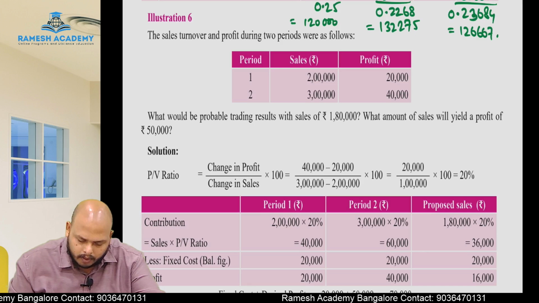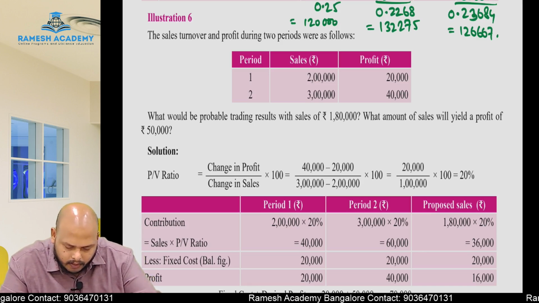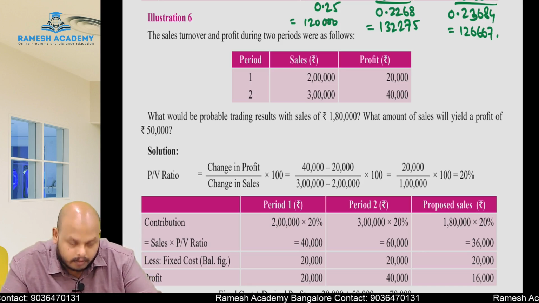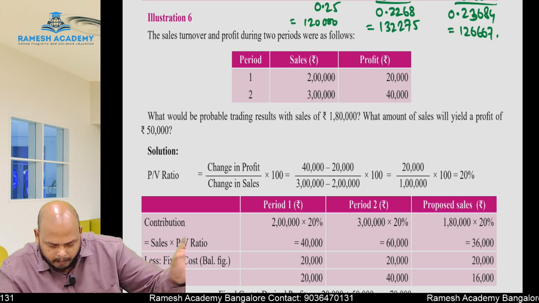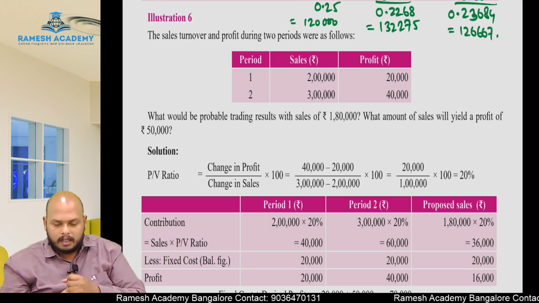The sales turnover and profit during the 2 periods were as follows. They gave the sales turnover and the profits for the 2 periods. Period 1, sales which is given is how much? 2 lakhs.